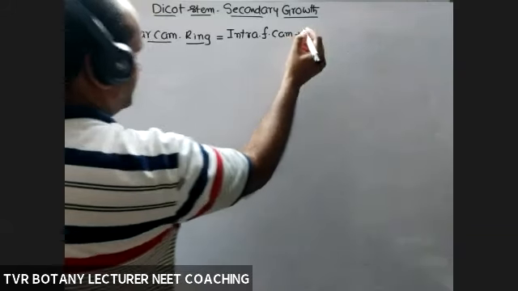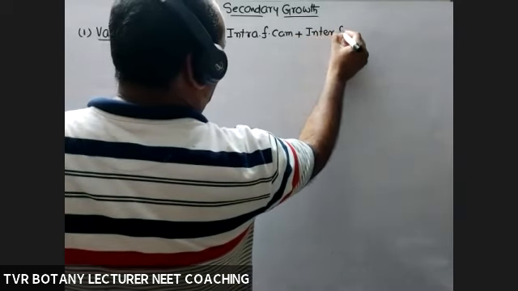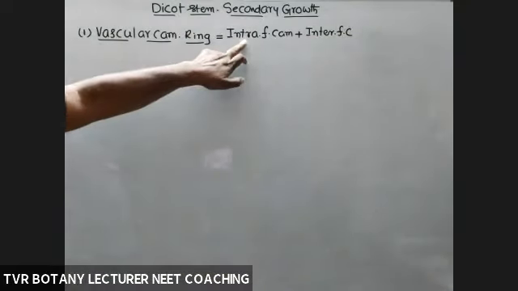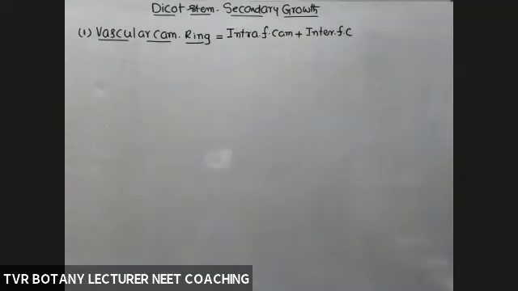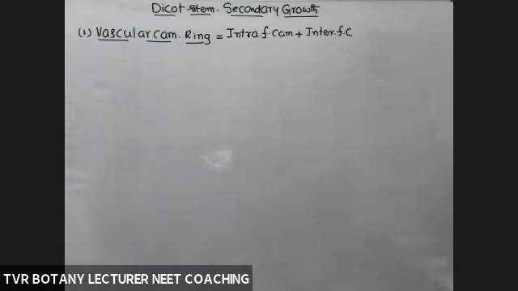The origin of this one and this one is well known to you. Intrafascicular cambium is primary lateral meristem. Interfascicular cambium is secondary lateral meristem. So vascular cambial ring in the stems of both dicots and gymnosperms is partly primary in origin, partly secondary in origin. That is also well known to you.